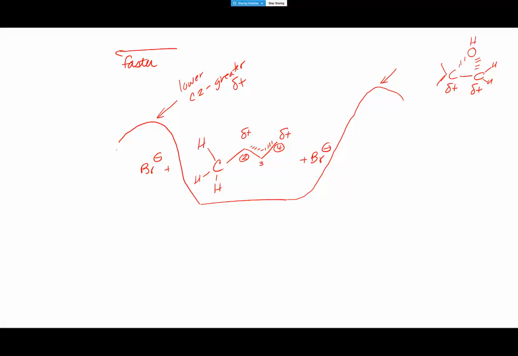So now I'm going to go on and make my product. It's going to be the 1,2 product. So there's my 1,2 product. Now over here, on this side, I'm going to make the 1,4 product.